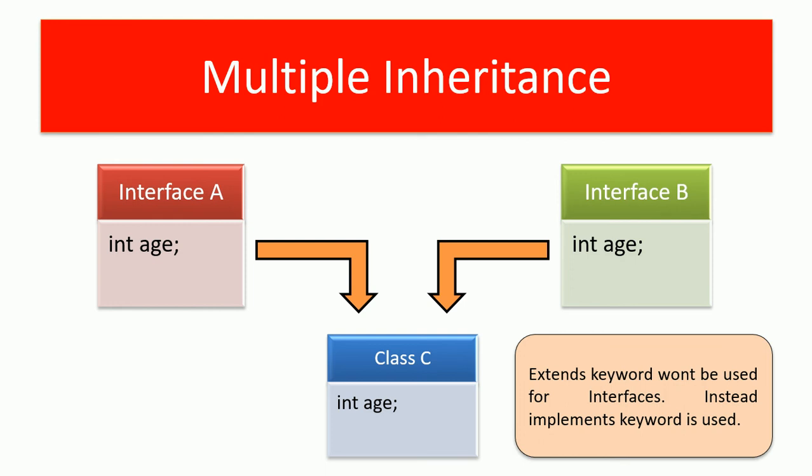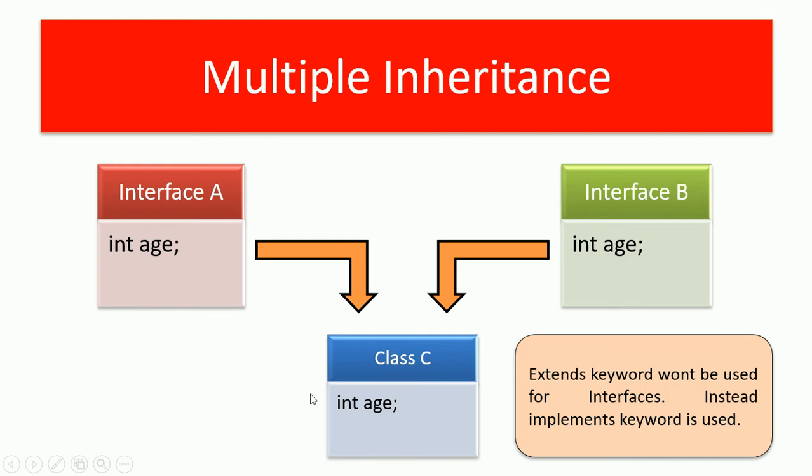With that property, all the variables and methods of an interface will be only declared and not defined. When two or more interfaces have all variables and methods only declared and not defined, it is very easy to inherit from multiple interfaces into a single child class. There will not be any confusion about which variable from the multiple interfaces has to be inherited, because it is only declared and not defined.